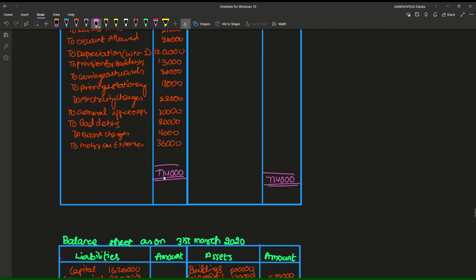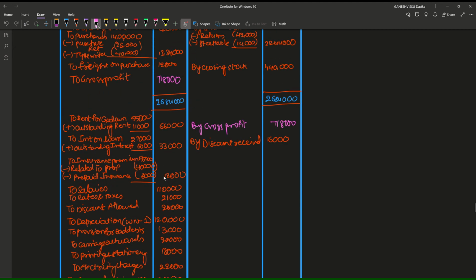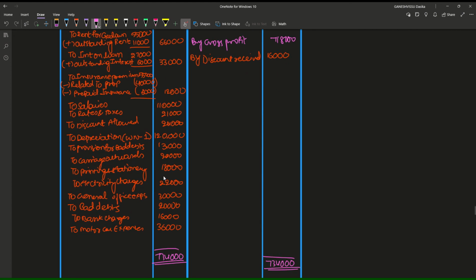But let's do it once again. 7 lakhs 34,000 minus 66,000 minus 33,000 minus 12,000 minus 1 lakh 10,000 minus 21,000 minus 24,000 minus 1 lakh 20,000 minus 13,000 minus 20,000 minus 18,000 minus 22,000 minus 30,000 minus 20,000 minus 16,000 minus 36,000, which is 1,73,000, which is the net profit. To net profit 1,73,000.